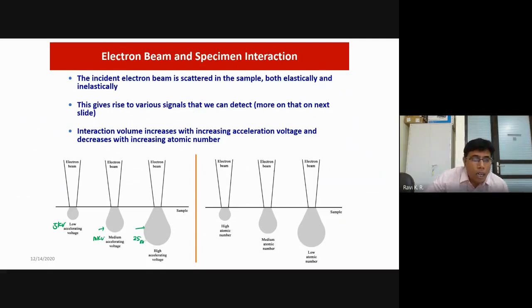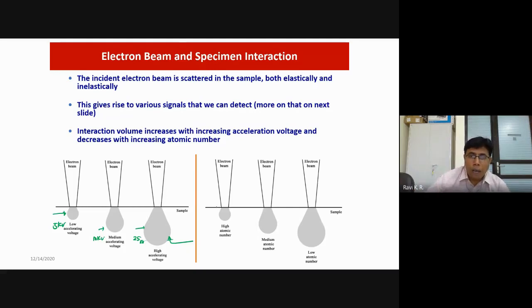That means the 5 kV case should show the highest resolution, but that may not always be true. You may get a better resolution here also. That part we will discuss later, once I start explaining secondary electrons, and then you will get an idea why even at a high accelerating voltage with a higher interaction volume we get better resolution images.